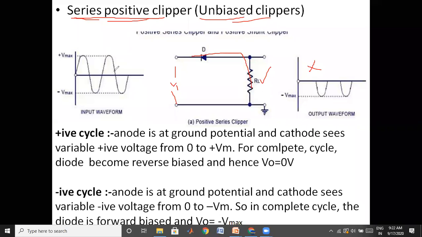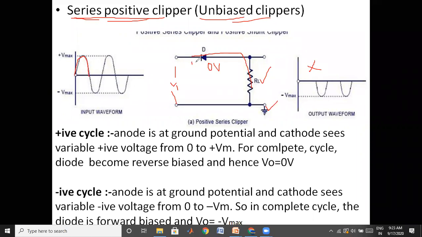If we apply an input signal to this circuit, it is nothing but a half wave rectifier. When the input is in the positive cycle, it may be 0, 1, 2, 3, anything positive. The cathode is connected to the input, and the anode is connected to the ground, so the anode voltage is 0 volts, and the cathode should be less than the anode voltage.